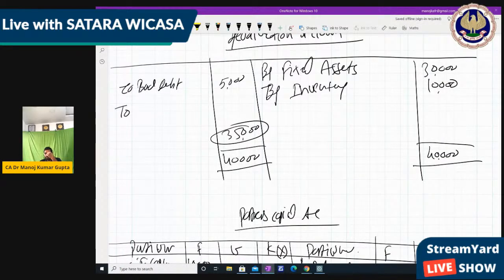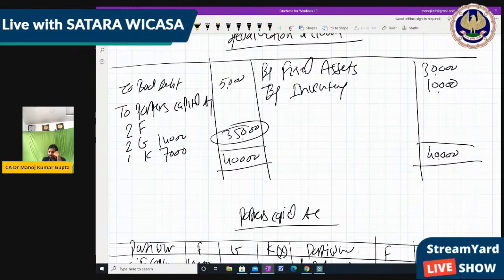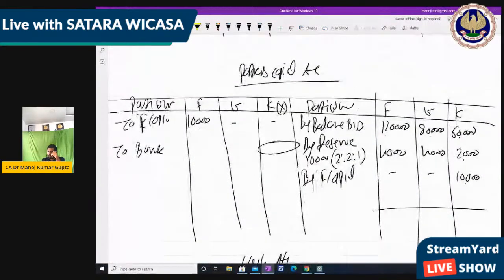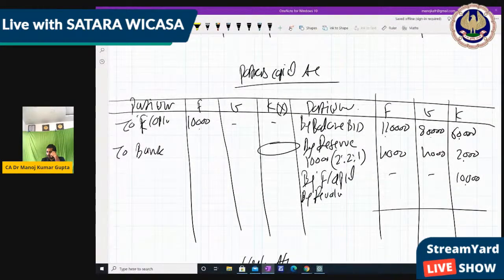To partners' capital accounts F, G, K in the ratio 2:2:1. So by 14,000, 14,000 and 7,000, right? So this will also be written here by revaluation profit: 14,000, 14,000 and 7,000.